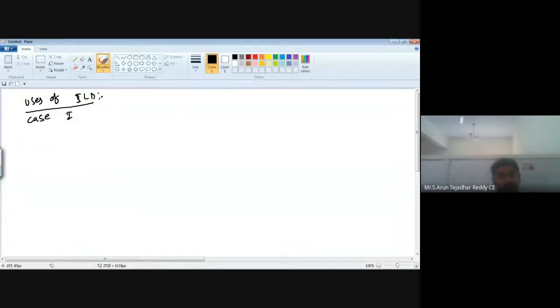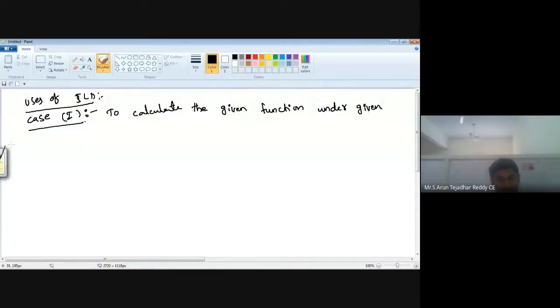Case number 1. In this case number 1, to calculate the given function under a given set of loading.